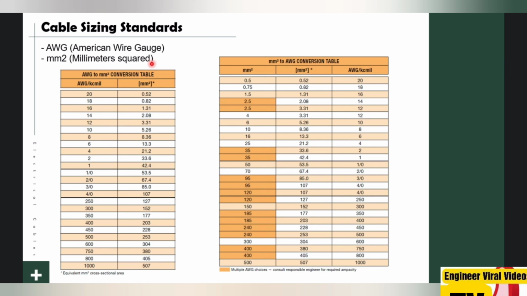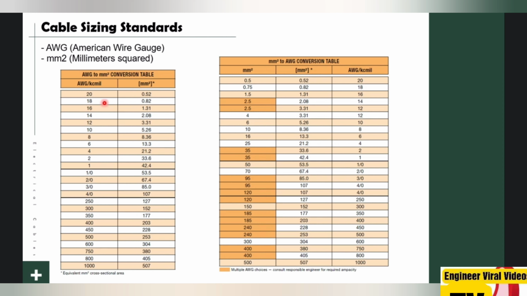See here, these two tables represent the relation between the AWG and square millimeter. I use the first table to convert from AWG to square millimeter, and if I want to do the inverse, converting from square millimeter to AWG, I use the other table.